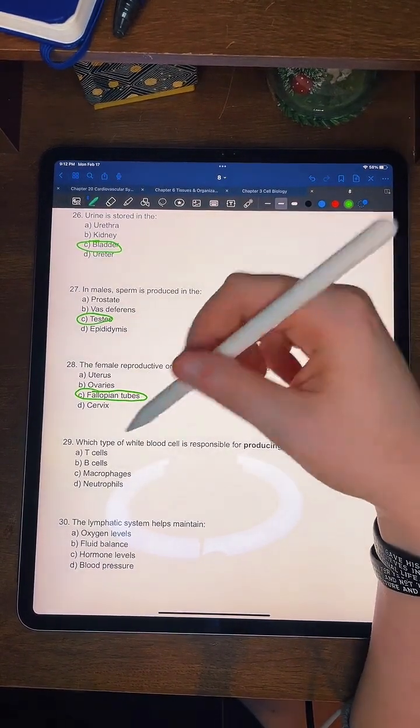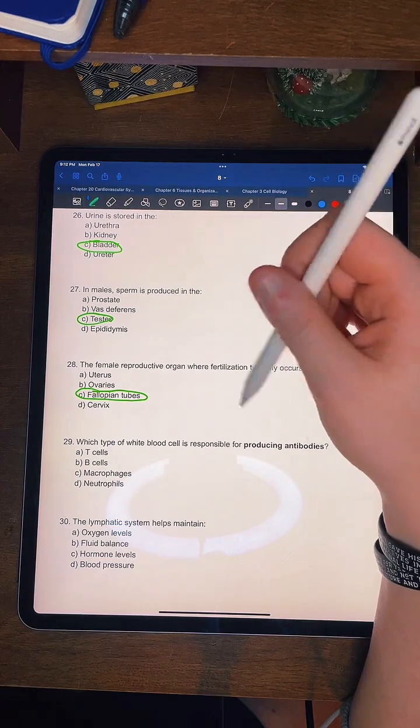And we are on 29 here. Which type of white blood cell is responsible for producing antibodies?